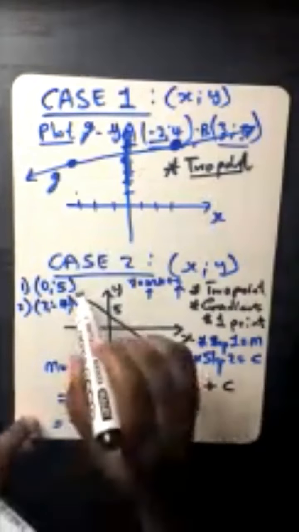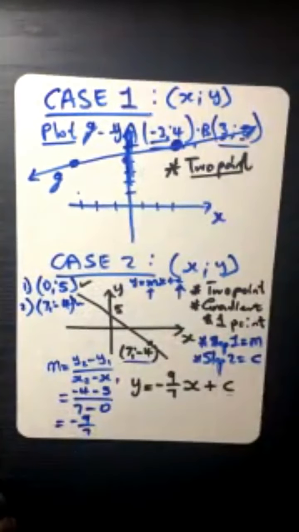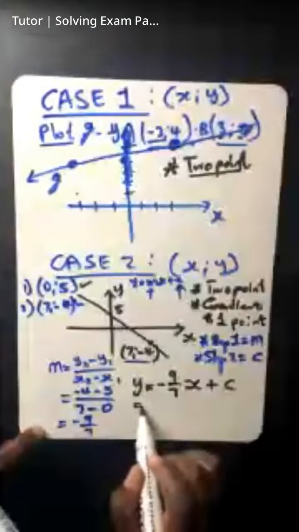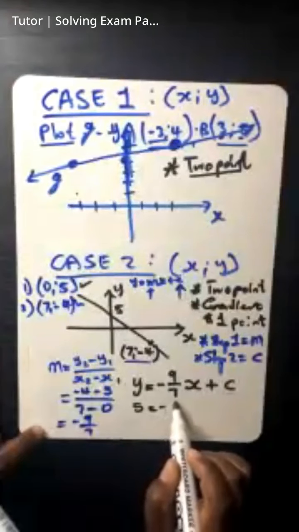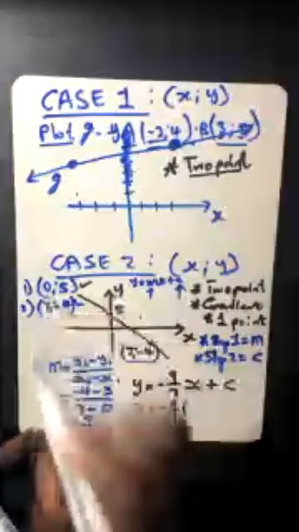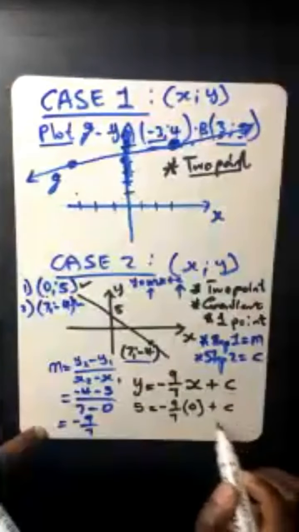But already we can use that point that has a 0. It's easy to calculate using the coordinates that has 0, because you say your y value is 5, equal to this gradient over there times your x value, 0, plus c.